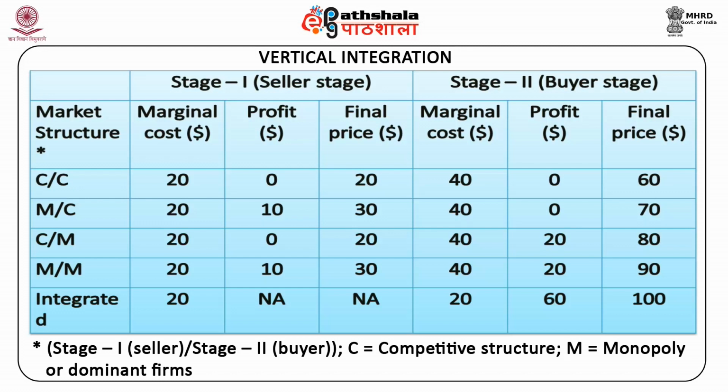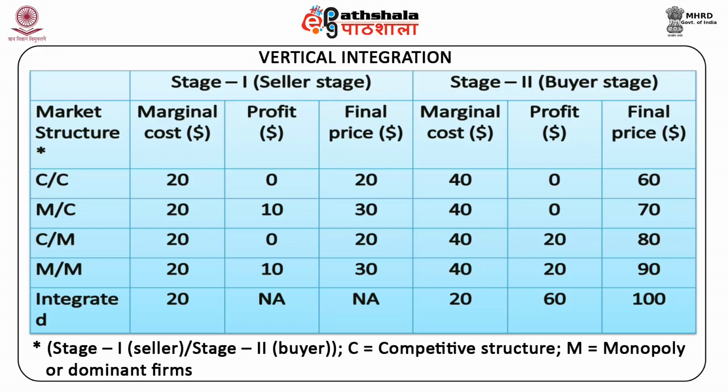This gives the monopoly profit in stage 1 and normal profit in stage 2. For market structure 3, where the seller is competitive and the buyer is a monopolist, the final price will be 80, which is the sum of the marginal cost in stage 1 plus the monopoly price in stage 2. A normal profit is earned in stage 1 and a monopoly profit in stage 2.